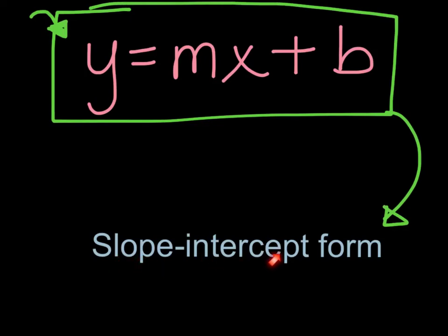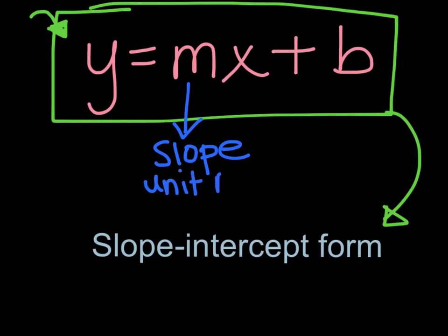Now, it gets its name for a couple different reasons. Okay, so we know in an equation, whatever you're multiplying that x by, so the m here, that stands for the slope, which is also the unit rate or what it's changing by. So that's where the slope part comes from in the name of this equation.